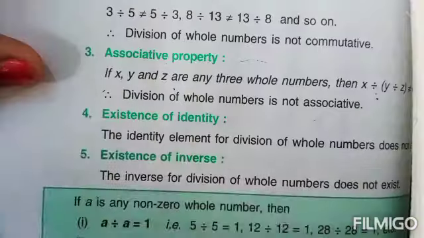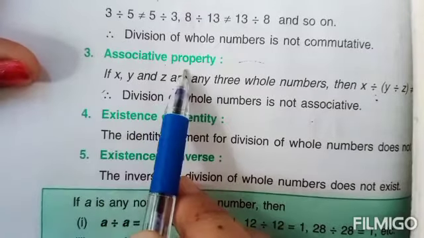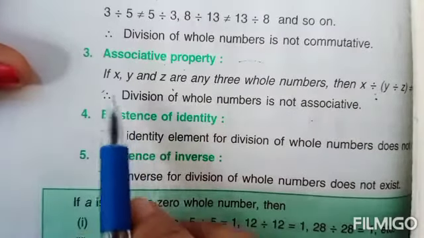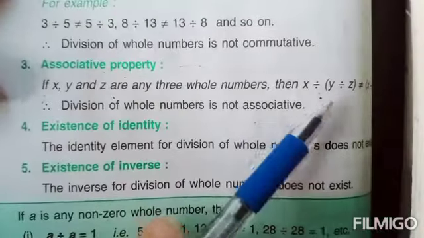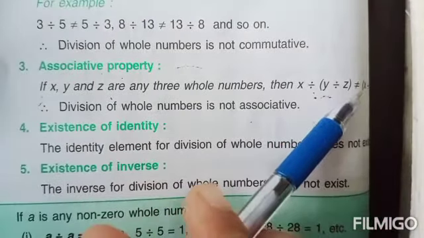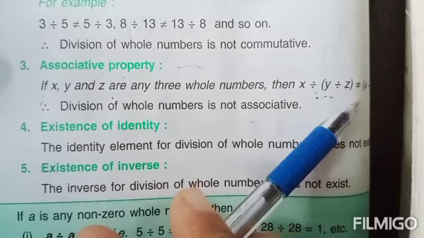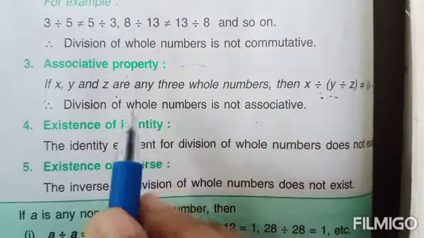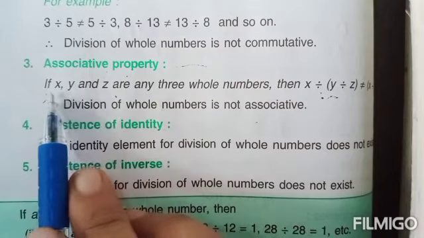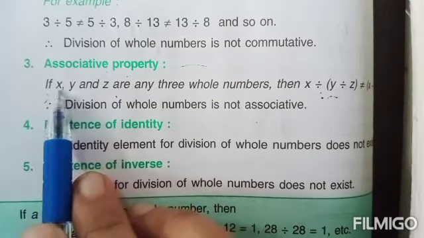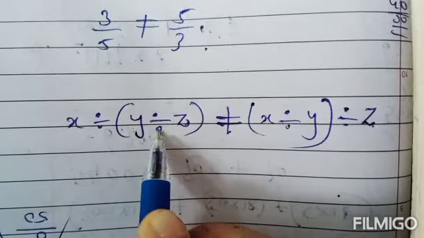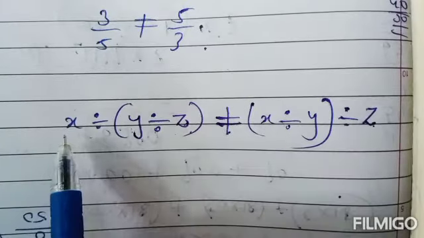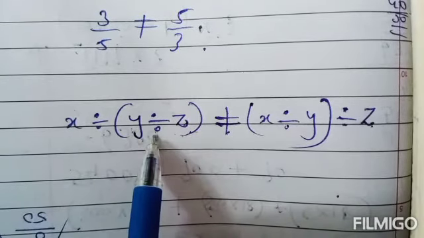Now third one, associative property. According to this property, if x, y and z are three whole numbers, then (x division y) division z is not equal to x division (y division z). In case of division, if we are dividing three whole numbers, first we find y division z, then x is divided by that result.